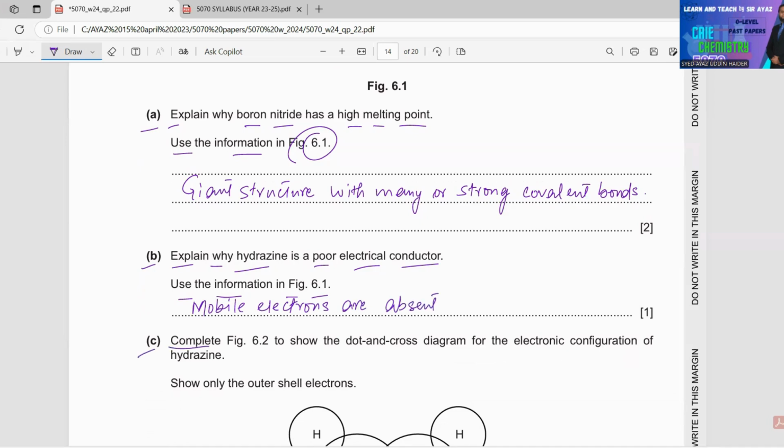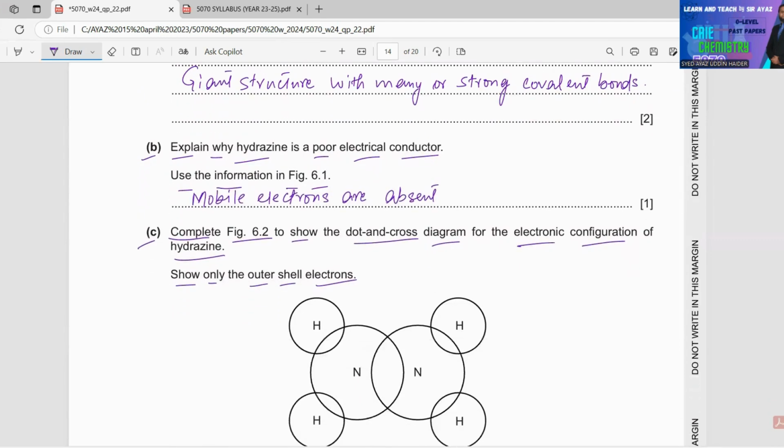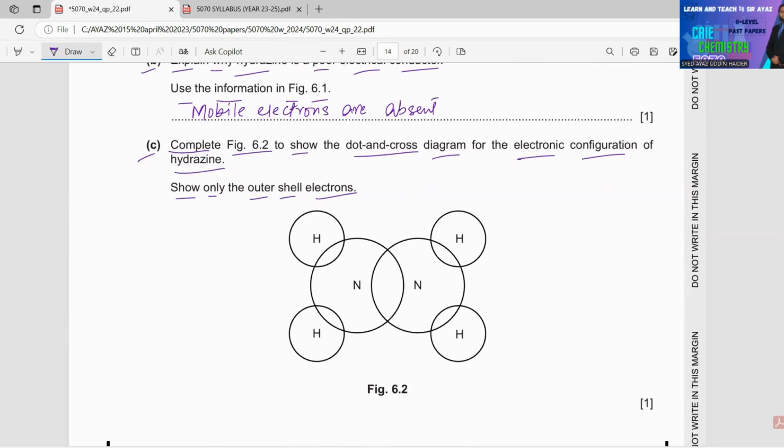C, complete figure 6.2 to show the dot and cross diagram for the electronic configuration of hydrazine. Show only the outer shell electrons. Now what I'm going to do, I'm going to show the key on the right hand side, which will help you to place the valence electrons for each of these, nitrogen and hydrogen.